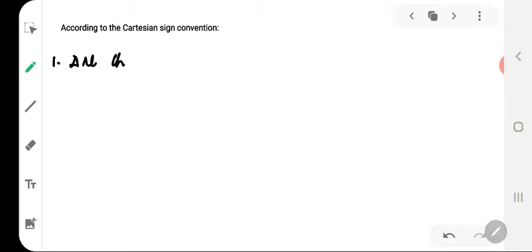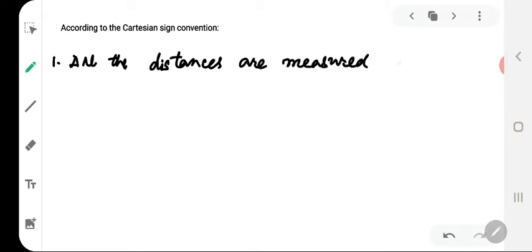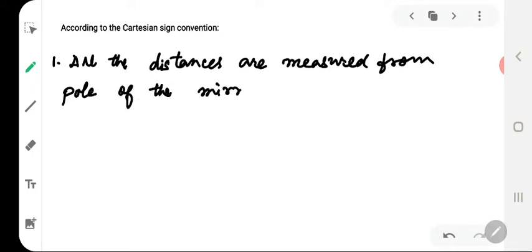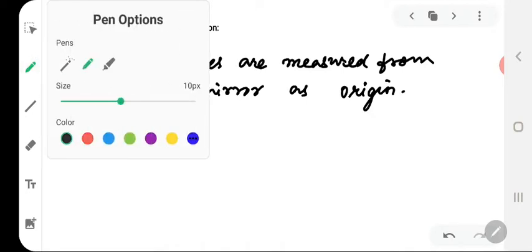All the distances are measured from the pole of the mirror as origin. This is the first rule.